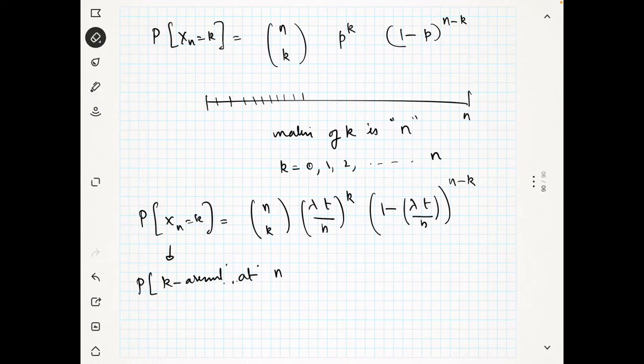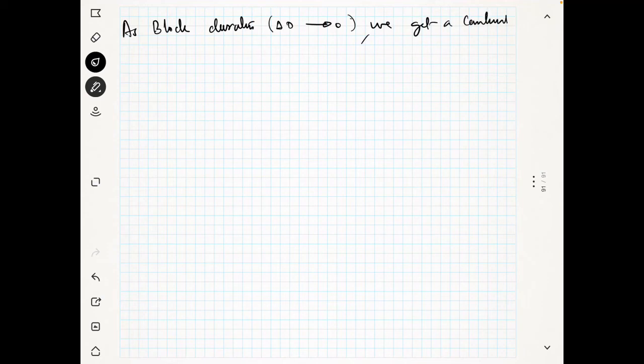That means what will be our time t? Our time t will be the duration of each block into n, so t is equal to delta d into n. So this is nothing but the probability of k arrivals. Now, as the block duration delta d tends to 0, we will get a continuous time.